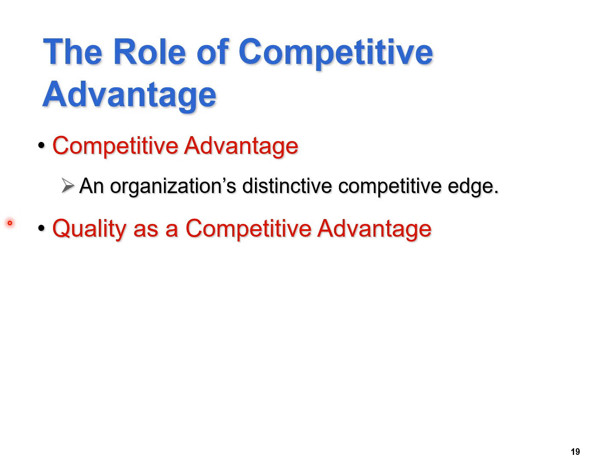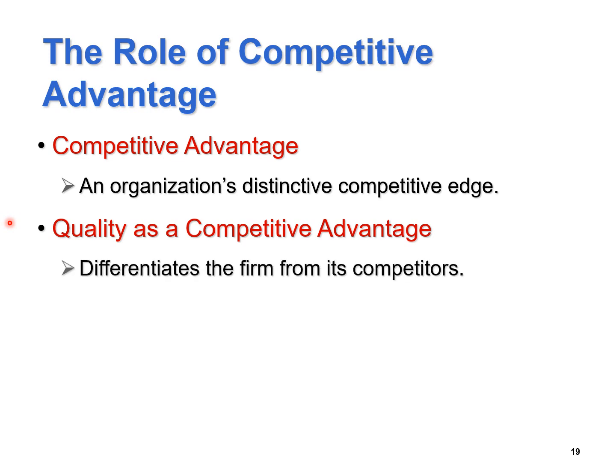Many organizations use quality as a competitive advantage. We can have many examples like iPhone, Samsung home appliances, and many more. What they do is differentiate the firm from its competitors.